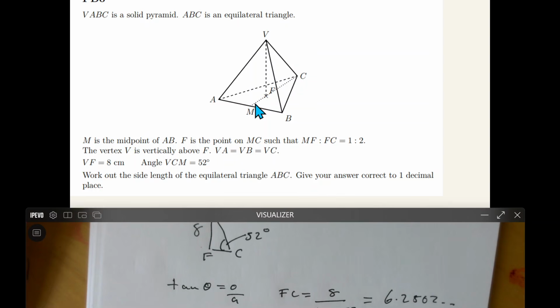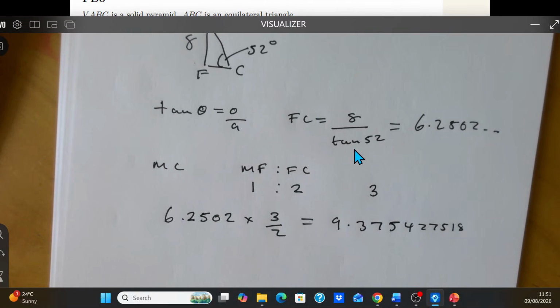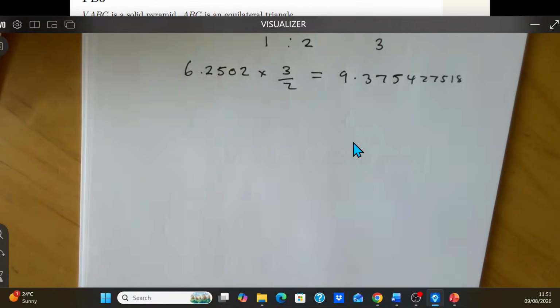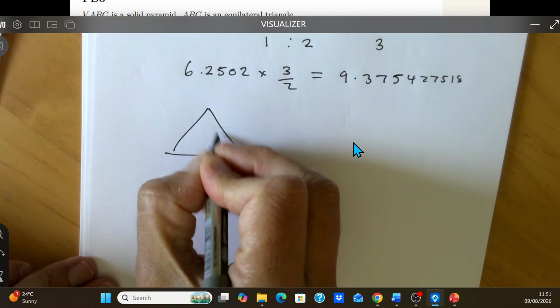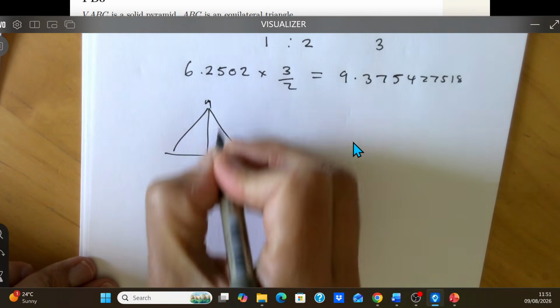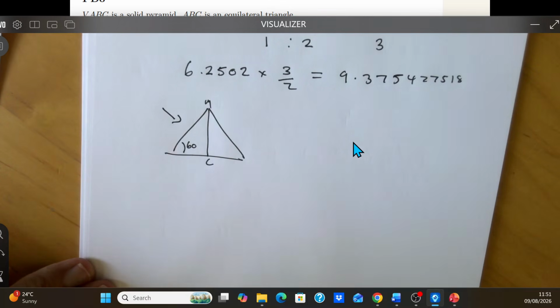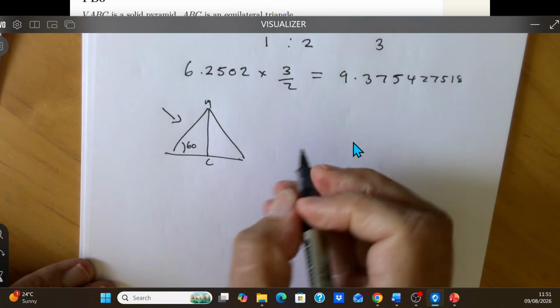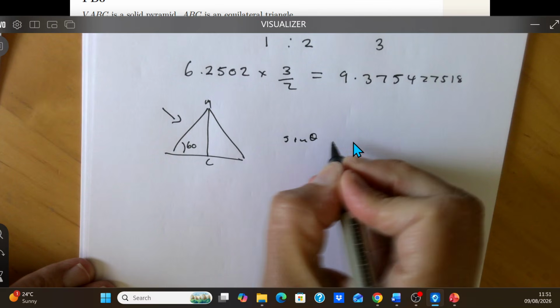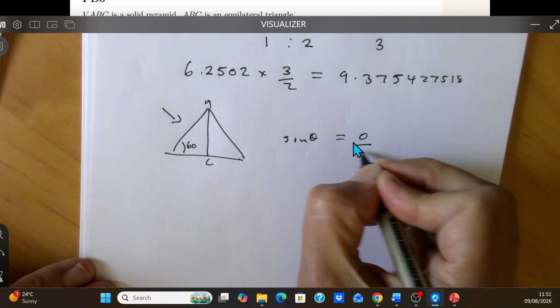Back to our picture. We now have MC, which is the height of the equilateral triangle. So if you think about our equilateral triangle, this is MC, that is 60 degrees, and we want to find the hypotenuse because that's one of the side lengths. So, sine theta equals opposite over hypotenuse.